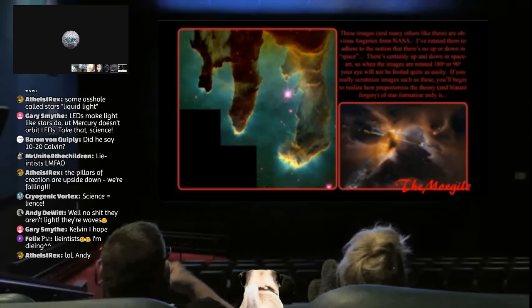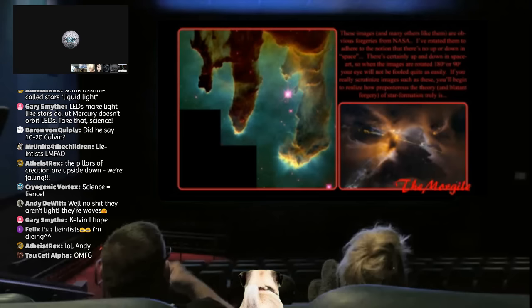Now, if you really scrutinize images such as these, you'll begin to realize how preposterous the theory and blatant forgery of star formation truly is. What I'll quickly mention is the fact that these molecular clouds are supposedly frozen. Indeed, only a cult as absurd as NASA and globism could come up with something as laughable as frozen clouds in the vacuum of space, forming stars somehow.